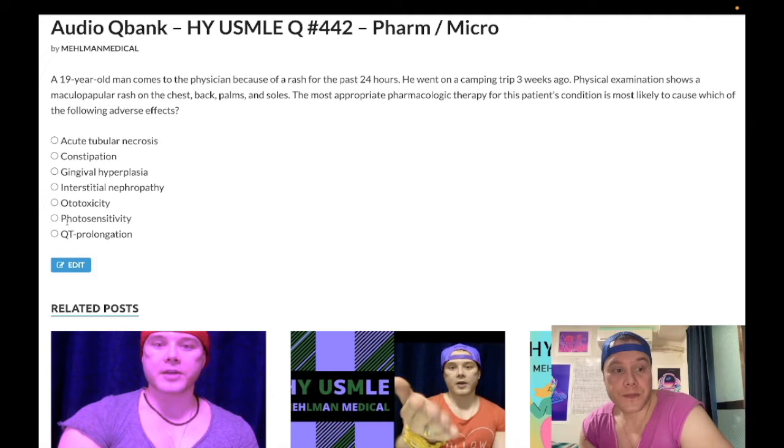Ototoxicity. Photosensitivity is our correct answer, okay? So you need to know that the tetracycline antibiotics, doxycycline, can cause blistering, photosensitivity, all right? Now, they might tell you a 23-year-old was treated for a mycoplasma pneumonia, and classically we use azithromycin, a macrolide antibiotic as empiric treatment, but sometimes tetracycline antibiotics can be used for atypicals.